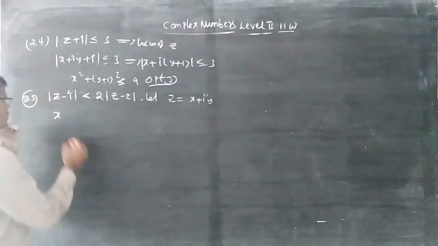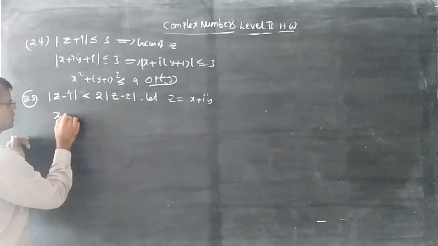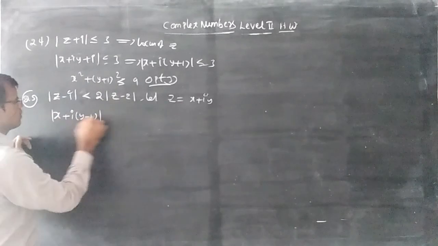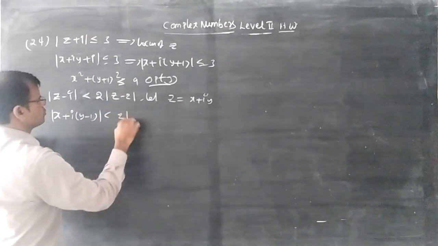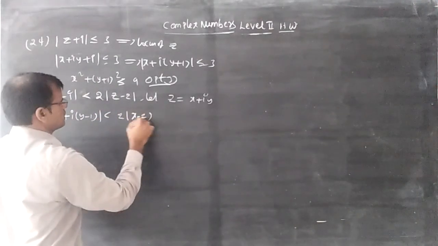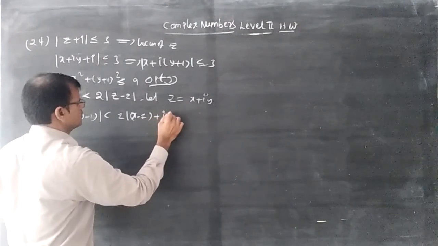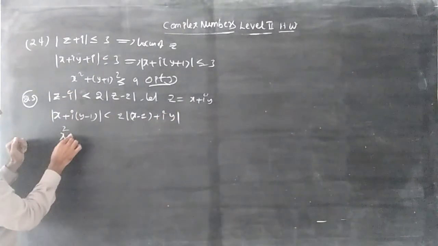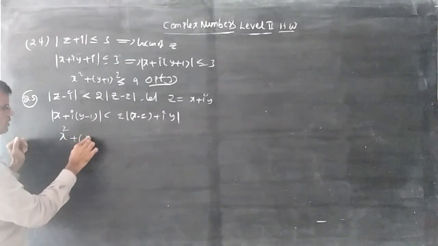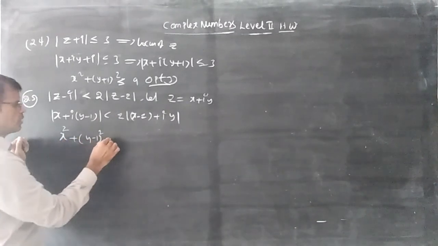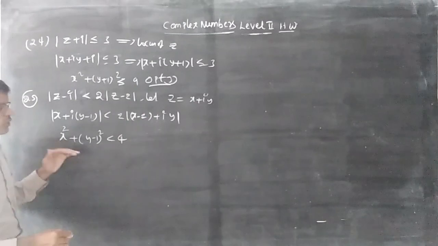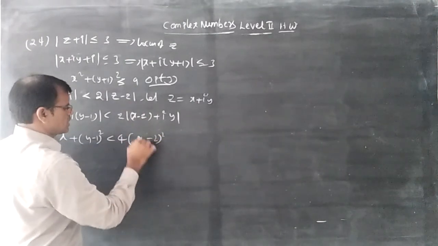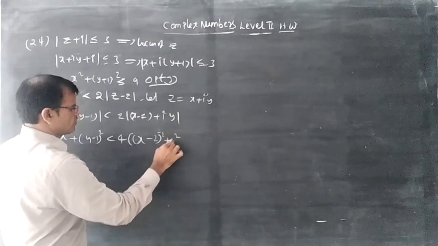So x plus iy minus i, so x plus i into y minus 1, modulus less than 2 into modulus of x minus 2 plus iy. By taking modulus and squaring, I am writing directly x square plus y minus 1 whole square less than 4 into x minus 2 whole square plus y square.